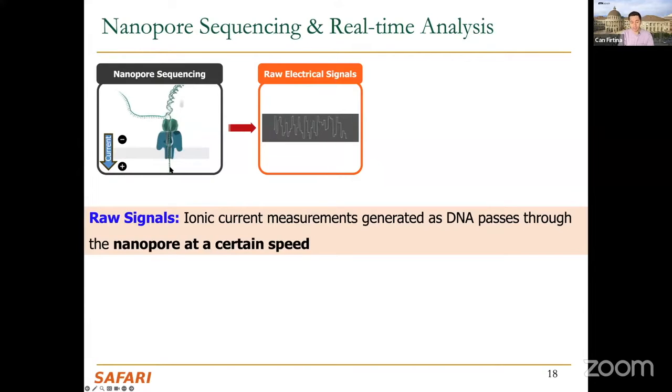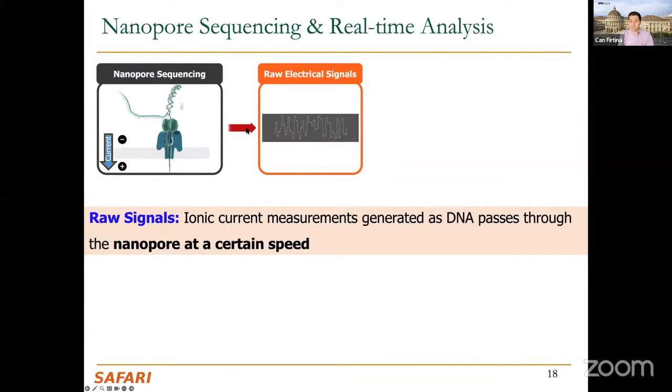This speed is essentially controlled by this particular protein on top of this nanopore, which is essentially the trademark of some companies such as Oxford Nanopore Technologies, the trade secret of that particular company, so that they have a competitive advantage to make it profitable.